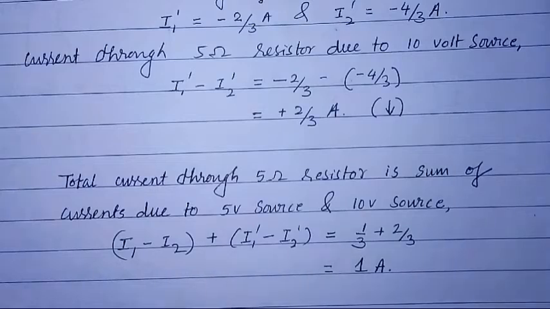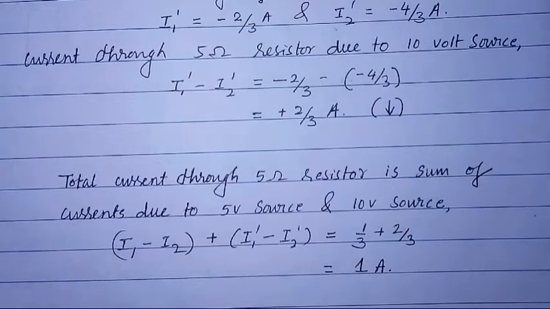Finally, the current through 5 ohm resistor was found as the sum of current due to 5 volt source and 10 volt source. Ultimately it was 1 ampere. So this entire solution took a time of about 10 minutes.